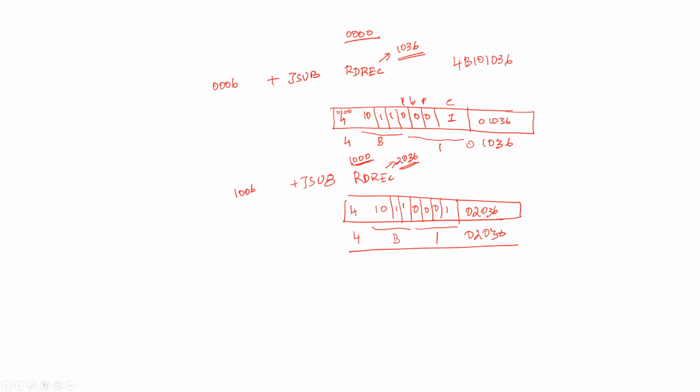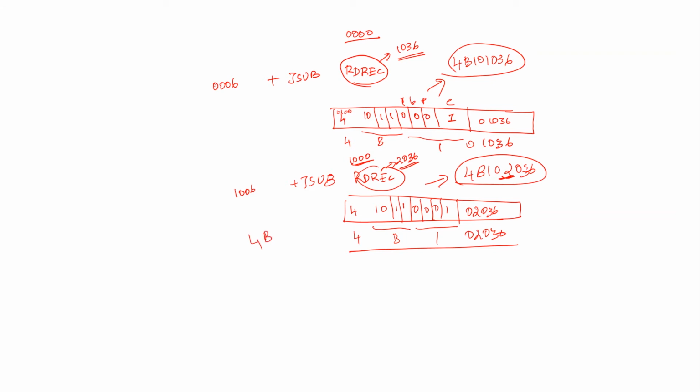Now see, when the address has changed, the format 4 instruction 4B10 is changed to 4B102036. So based on the place where RDREC is present, the instruction is modified. Suppose if I put 1500, this value will definitely change. In this 4B1, these three cannot be changed because they are always fixed, but the last 5 digits can be changed.